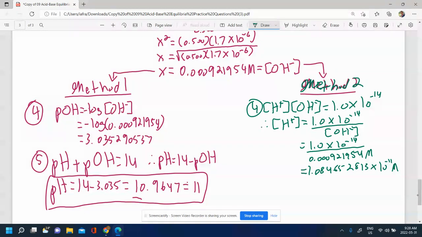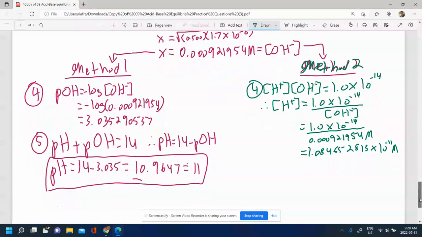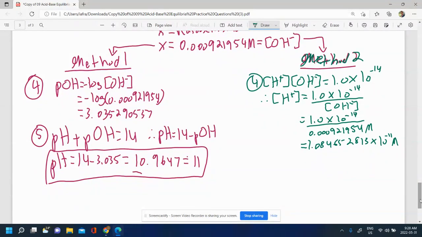No need to write all those digits down, but I do, and I keep them in my calculator because I don't want to round. So if you don't write all of them down, just make sure you keep all the digits in your calculator, especially when you have a lot of steps. But this is the concentration of H3O plus. That's what we just found.